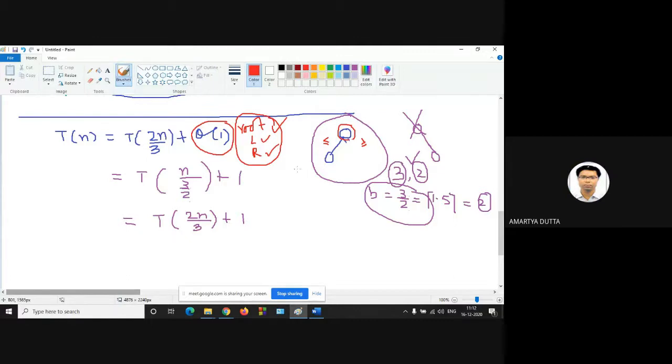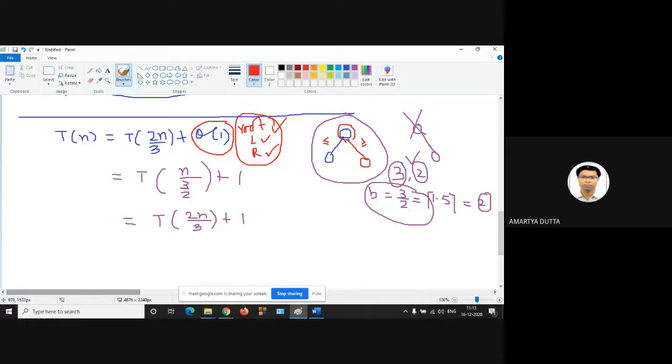Initially there are a total of three nodes. This is the binary tree. Heap is a complete binary tree. So heap is a binary tree, then it is a complete binary tree. You have to fill your data from left to right. So total number of nodes in case of complete binary tree, n is equal to 3.